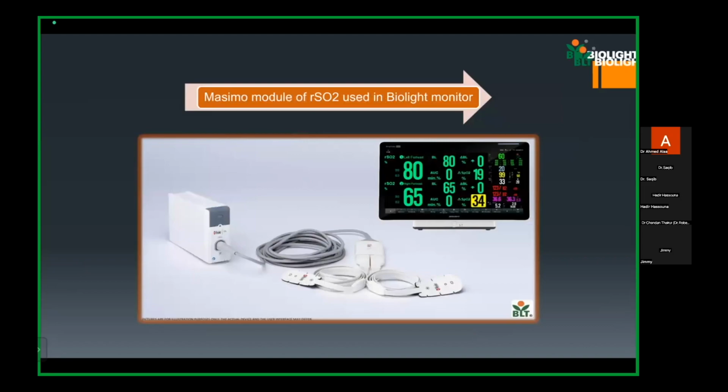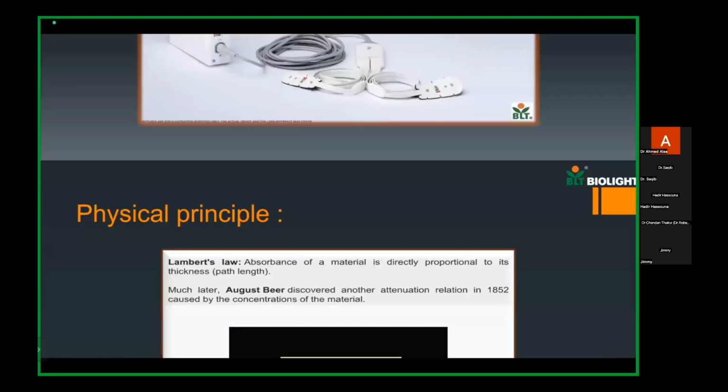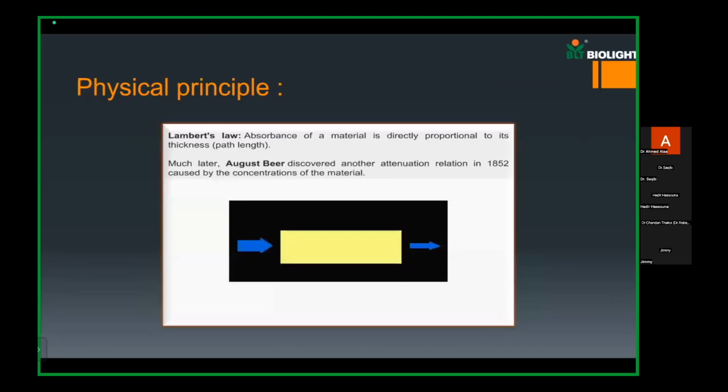Here is the main module of regional oxygen saturation used in the Biolight P1 monitor. So in brief, the physical principle for cerebral oximetry follows the Beer-Lambert law, in which Lambert states that absorption of a material is directly proportional to its thickness.